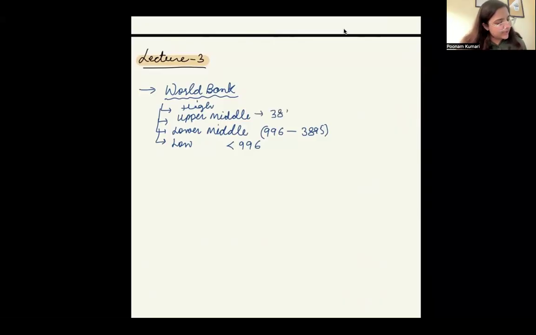Anything which is between 3896 to 12,000, this much, will become a part of upper middle income countries, and anything greater than 12,056 or maybe equal, that will become a part of high income countries. So this was my categorization based on gross national income per capita. This was one of the criteria that we had.